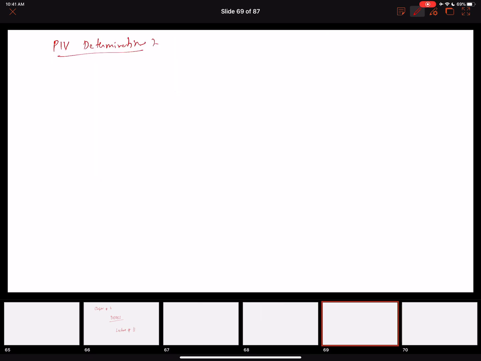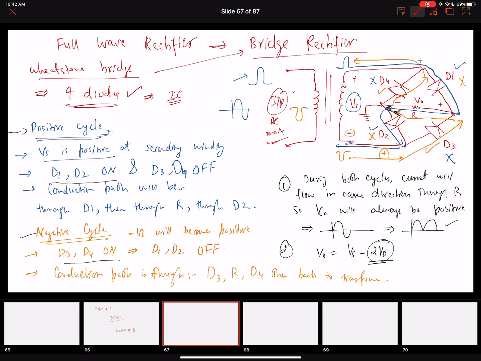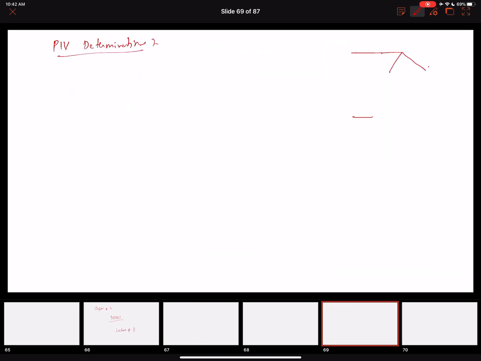It seems a lot cluttered. So I'm gonna make the rectifier very quickly here. Just assume that there's a transformer over here.